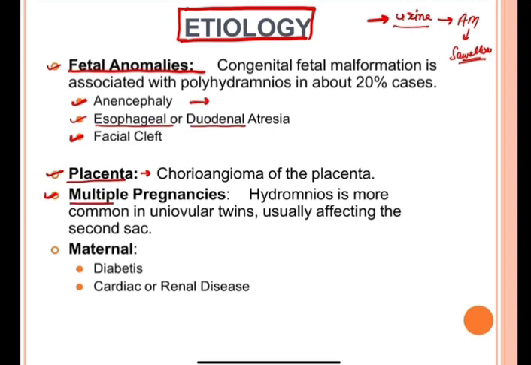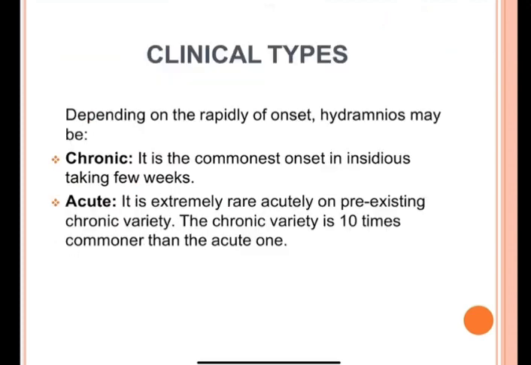Multiple pregnancies. Polyhydramnios is more common in twin pregnancy. Maternal complications that lead to polyhydramnios are diabetes, cardiac or renal problems in the mother. Clinical types of polyhydramnios, as we earlier discussed, there are two types.